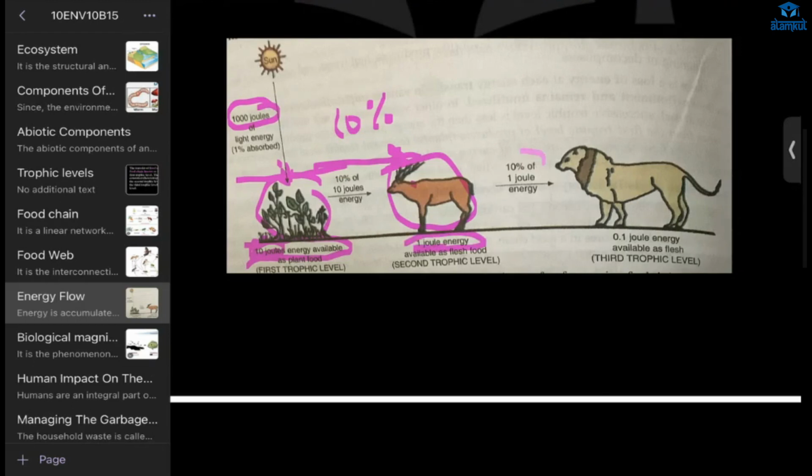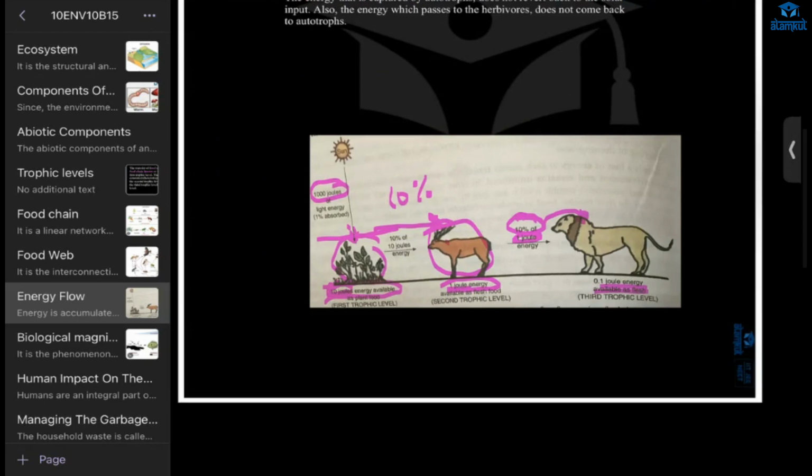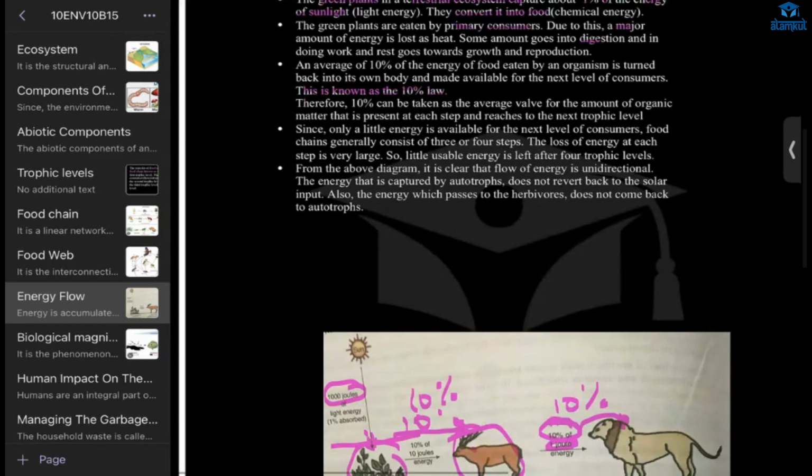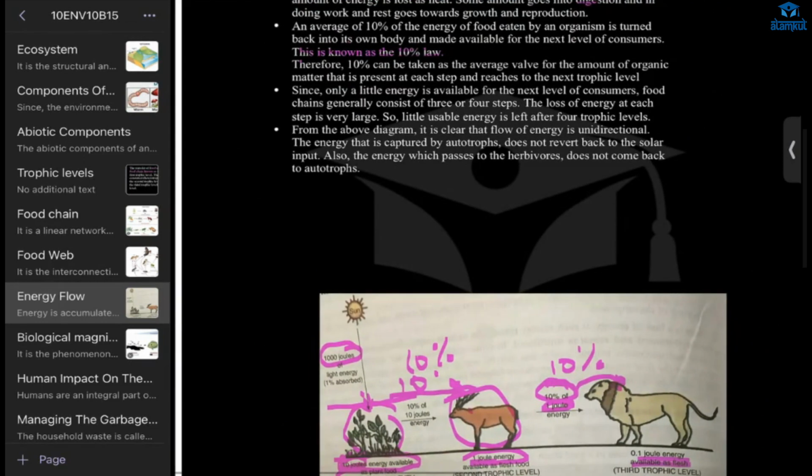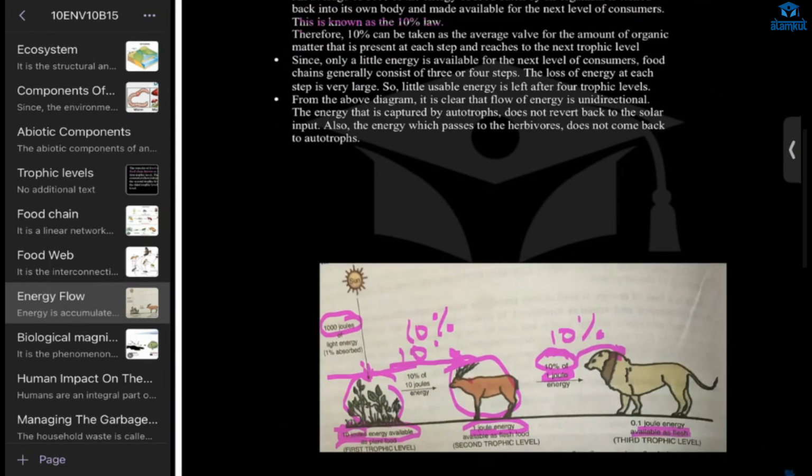Next, again 10% of 1 joule energy will go to here, so 0.1 joule energy will be available. So 10% of energy is going from one trophic level to the next trophic level. And this is called the 10% law. And from this it is clear that this flow of energy is unidirectional. It can't go backwards or in other directions, only in a straight line.